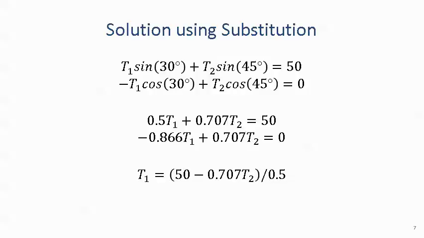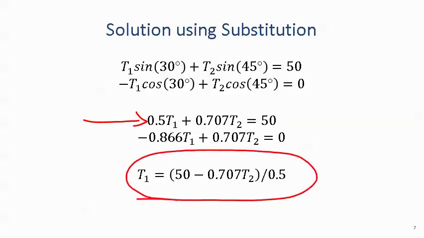Solving the first equation, we isolate 50 minus 0.707 T2, and then we divide through by 0.5, and here's the equation we come up with. So now we have isolated T1 in terms of T2. Clearing the denominator, we have 100 minus 1.414 T2 is equal to T1.